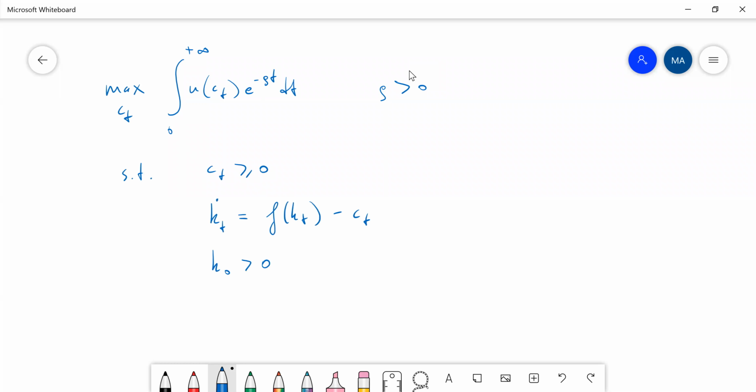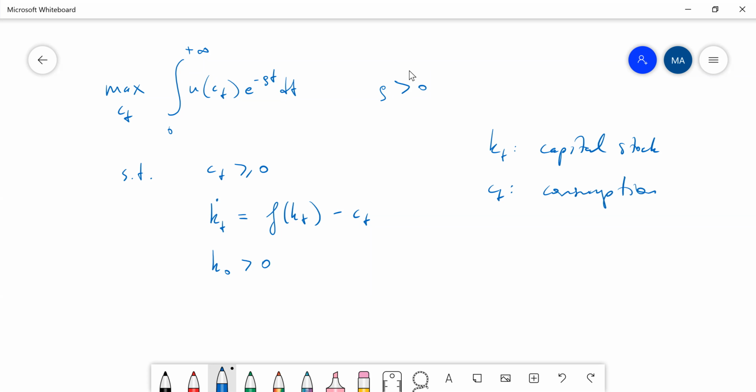Now what you see here is a simple optimal growth problem or capital accumulation problem. Okay, so you have capital stock. K_t is your capital stock. C_t is your consumption.